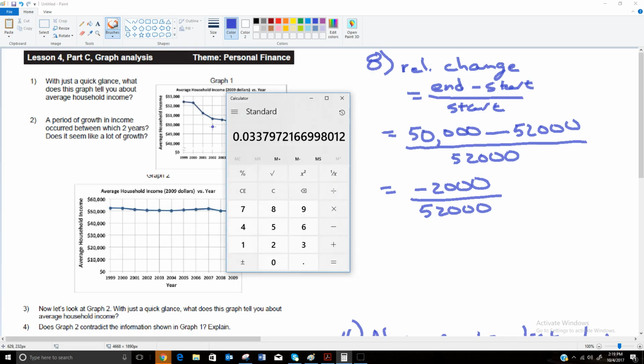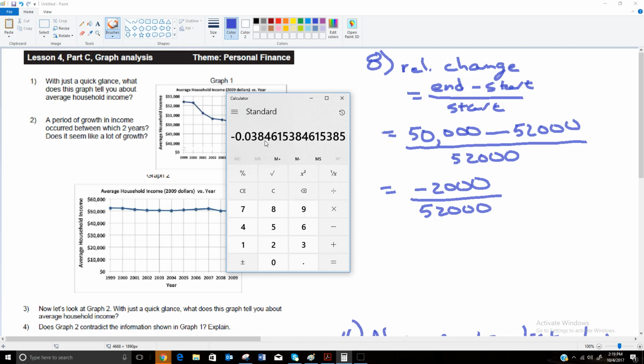sorry, I was doing it on my own calculator. Let's do it so we can all see it. So 2,000, I'm going to make that negative, divided by 52,000 is a decrease of about 3.8%. I'm not going to round this 8 up, even though it's close. This is only a 4 here.